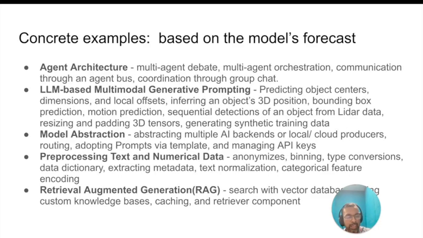Then we actually looked at the code of some of these pattern classes. We saw that a lot of well-known sub-patterns are under these pattern classes. For example, you can see agent architecture, etc. These details are in the paper.